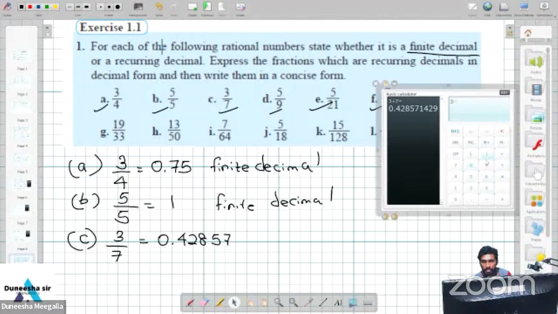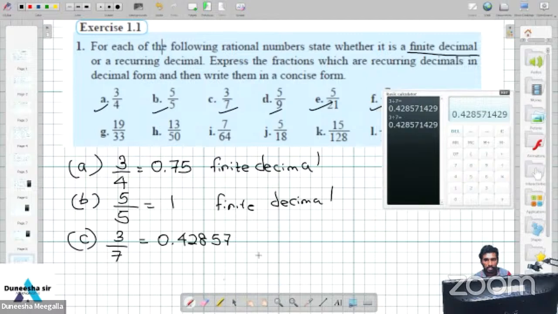Three divided by 7 is 0.285... sorry. The next one is C, 5 divided by 9.